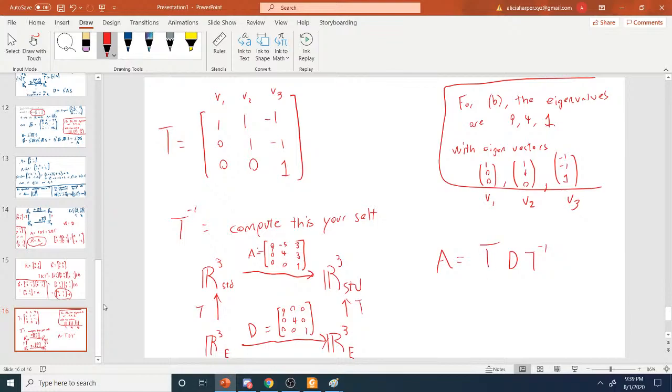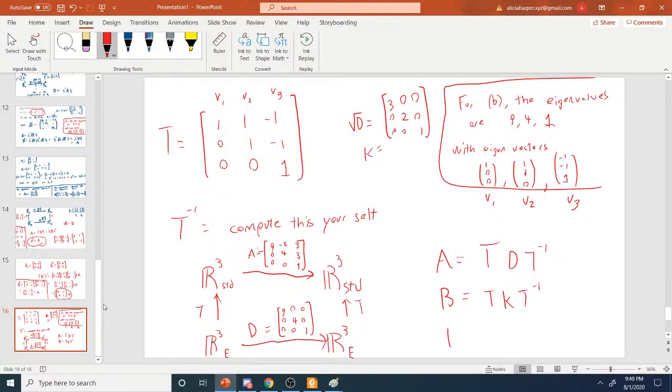And so in this case, I can note that the square root of D, one such square root, is given by 3, 2, 1, and 0 elsewhere. Maybe I'll even call this K. So what we can do is set B equal to T, K, T inverse.